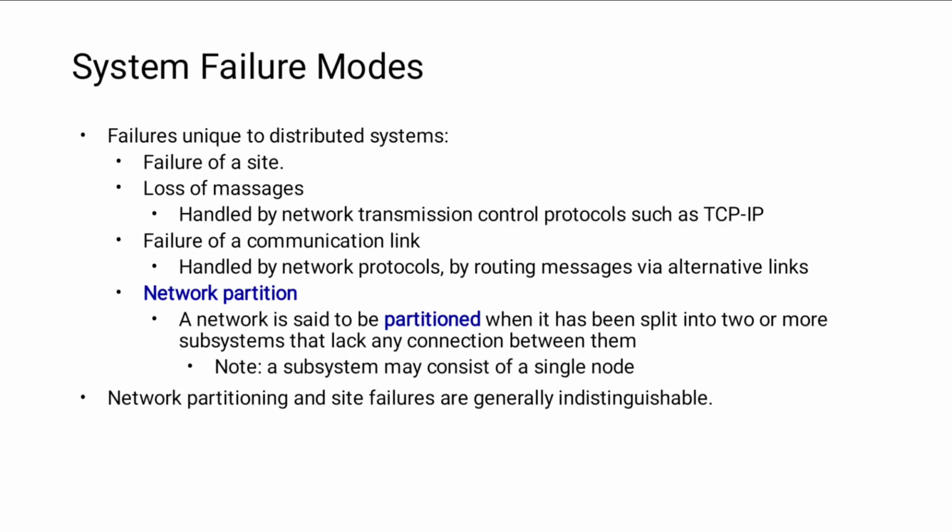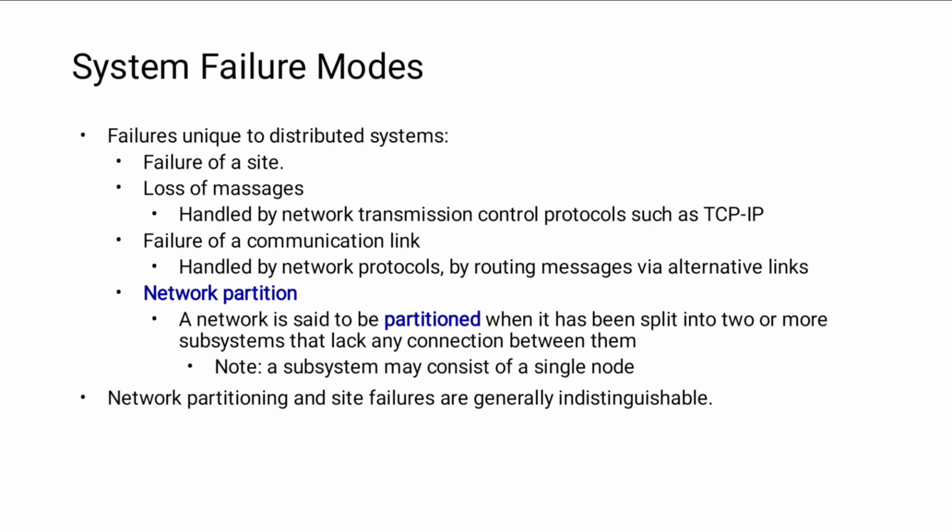Okay, system failure modes. Failures unique to distributed systems. A site is maintained by a transaction manager and coordinator. If a site fails, loss of messages can occur, and communication links can be broken. Due to that, network partition can also occur.